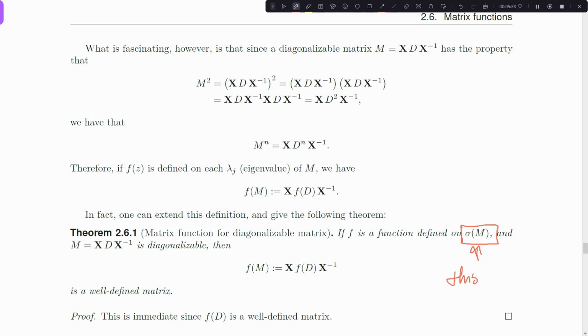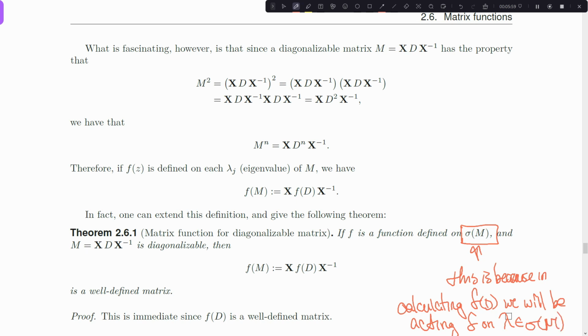This is because in calculating f of the diagonal matrix, we will be acting f on the eigenvalues.